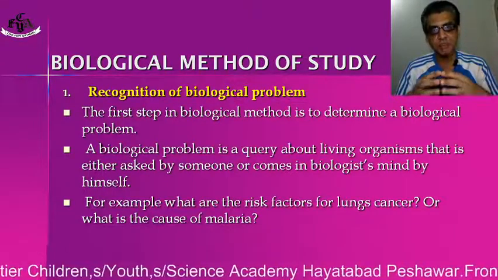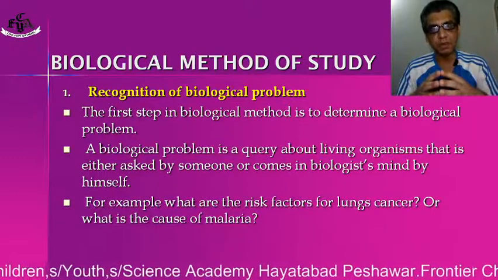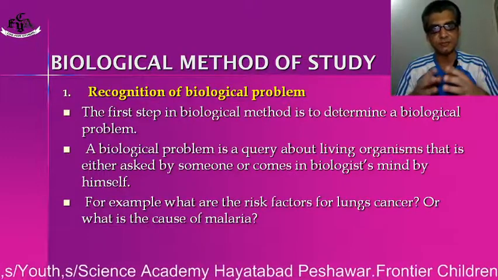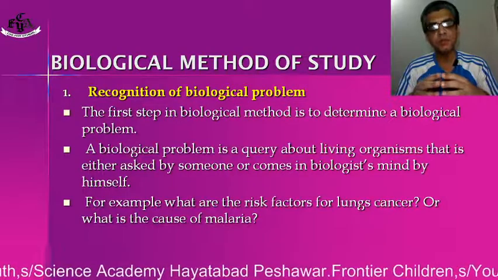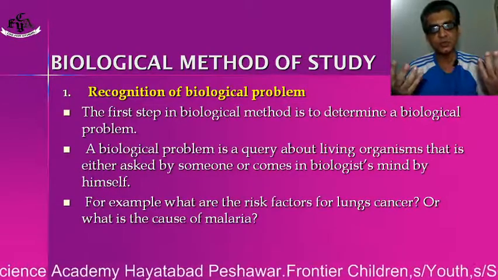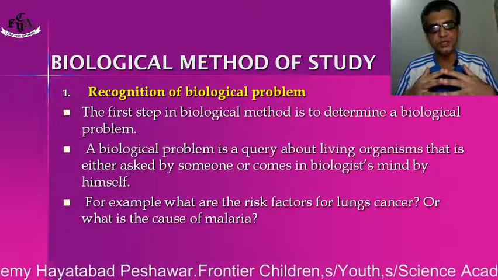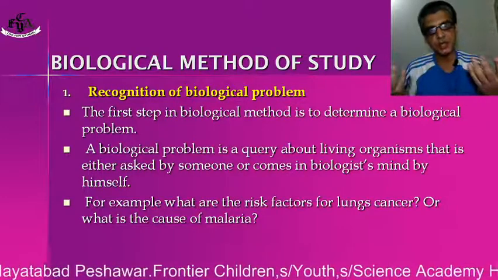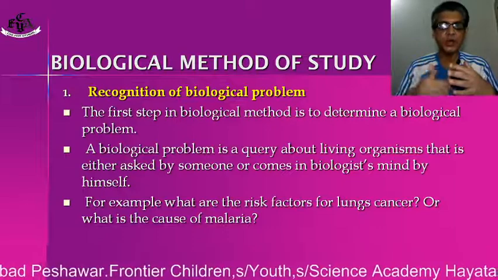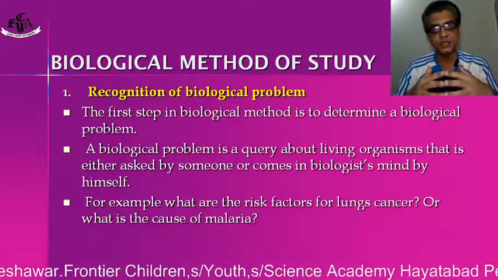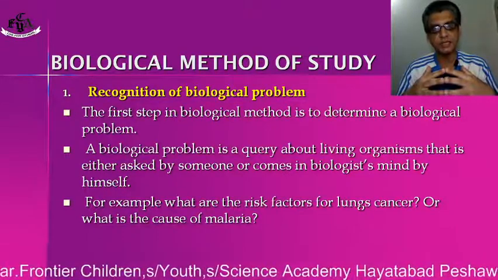Nowadays, the big biological problem is COVID-19. So this problem, what is the cause? It has been identified by the biologists, that is the virus. Then how it is transmitted, that is also solved by the scientists.